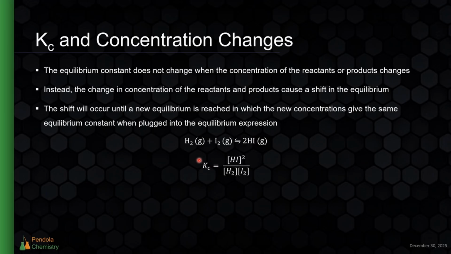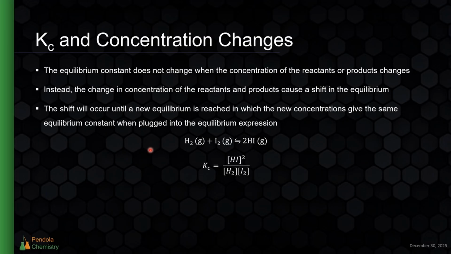It does not change just because the concentrations of the reactants and the products change. So what exactly makes the equilibrium shift if the equilibrium constant doesn't change? The change in concentration is going to happen in order to actually keep the equilibrium constant the same.